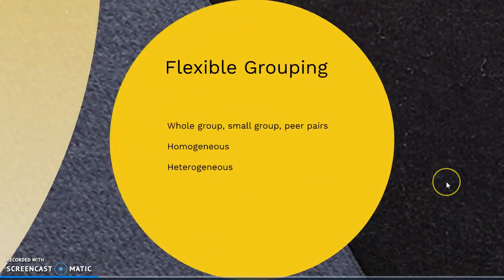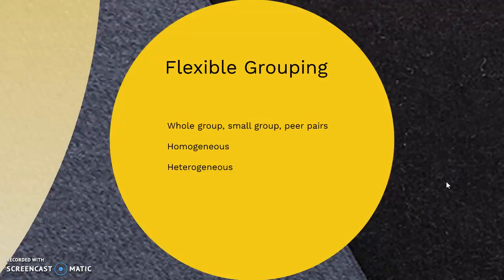So then flexible grouping. After you've made your assessment, you're able to do flexible grouping. So whole group is you staying there and lecturing to your whole class, and then small group, you can break your small groups down into homogeneous or heterogeneous. And so homogeneous is where you have students who are basically all at the same level. They know basically all the same things, and so they could help each other as a group learn and build.